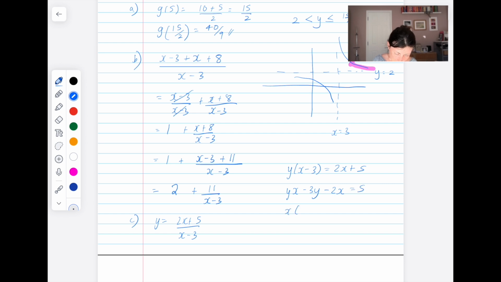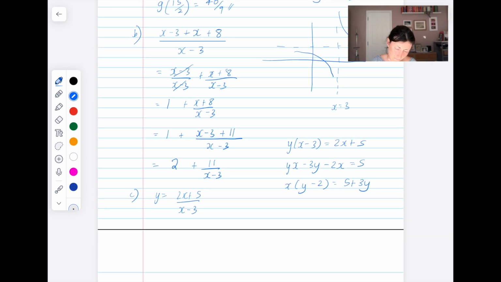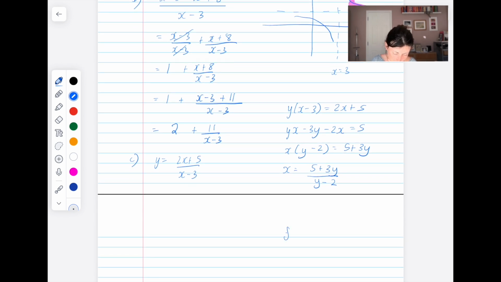Take x out of the terms with an x in. And remember to use the inverse notation and swap your y's for x's.